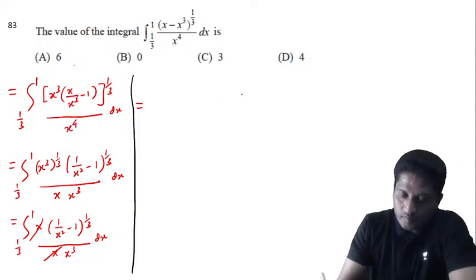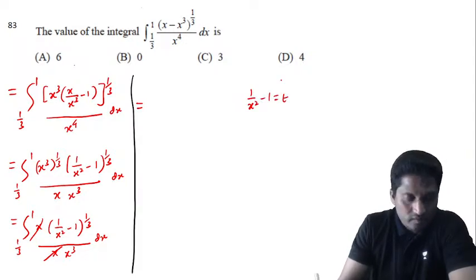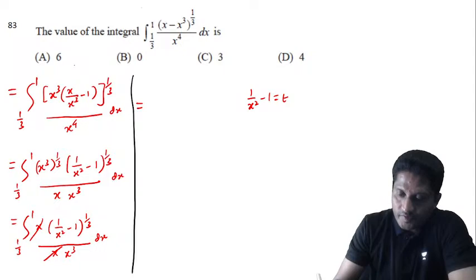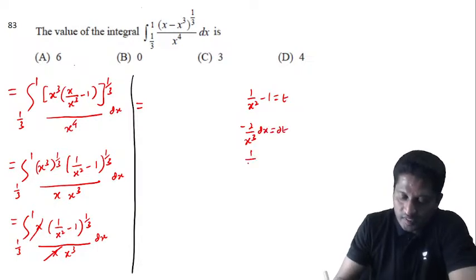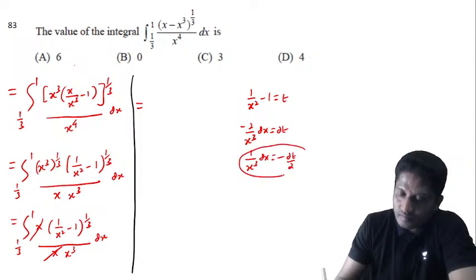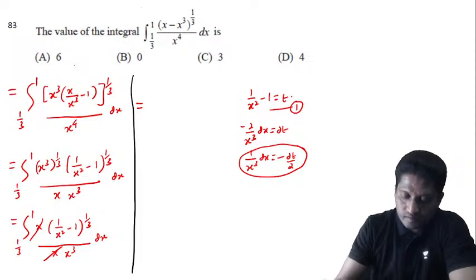Okay, so I'm going to put 1 by x square minus 1 equal to t. Differentiation of 1 by x square is minus 2 by x cube dx equal to dt. From this I can write 1 by x cube dx is minus dt by 2. Even the limits will change.